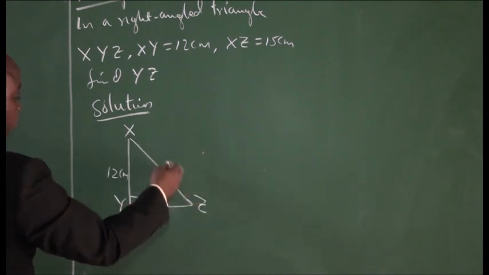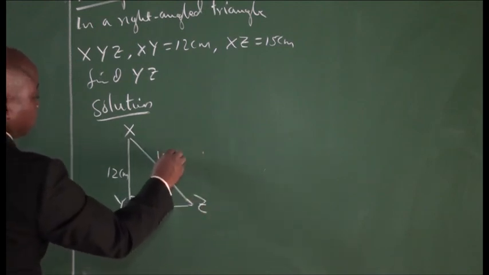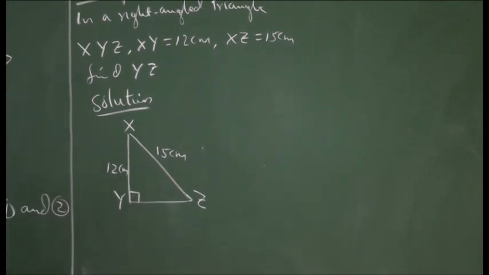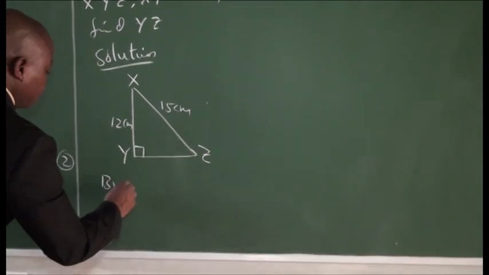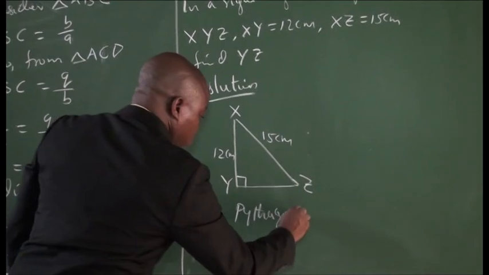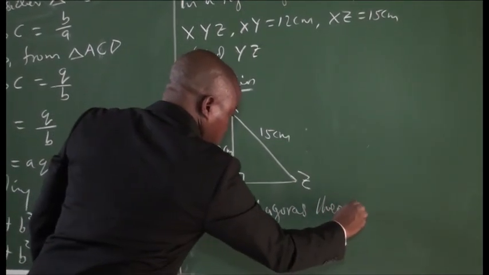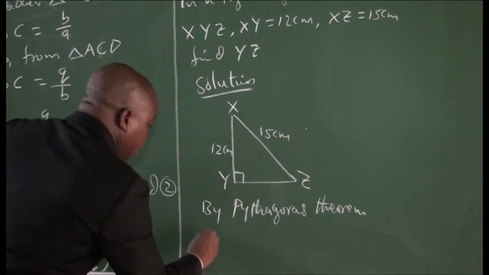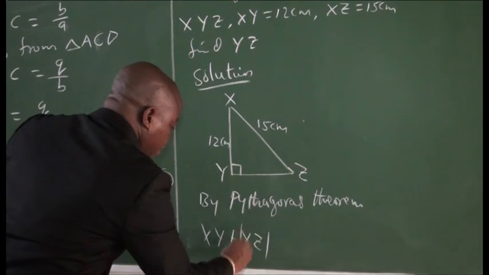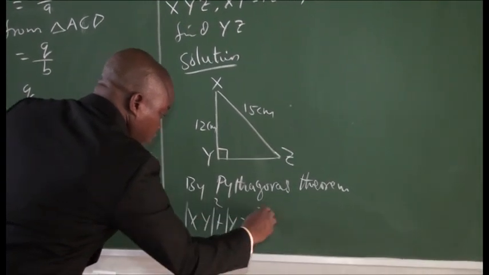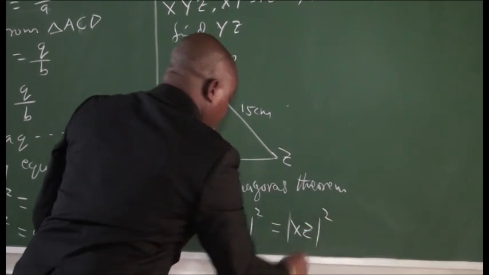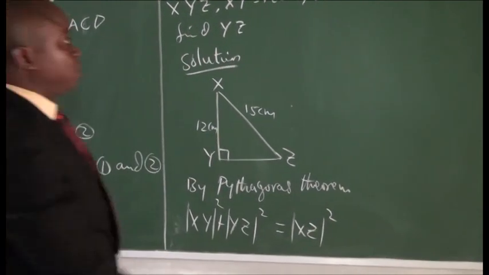XZ is 15 cm. Now they ask us to find YZ. So by Pythagoras theorem, you know that XY square plus YZ square will be equal to XZ square.